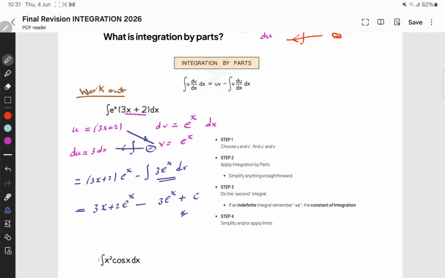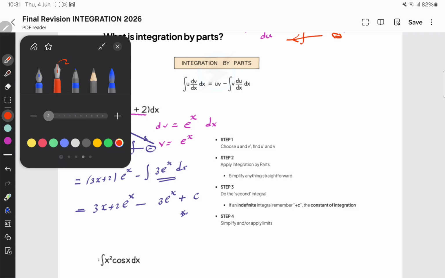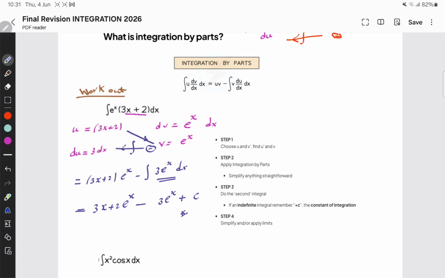It's finished. So we use parts if you have multiplication of two different functions, but you need to notice some things here. For example, the integral of x times cosine x dx, or the integral of cosine x times cosine x dx.